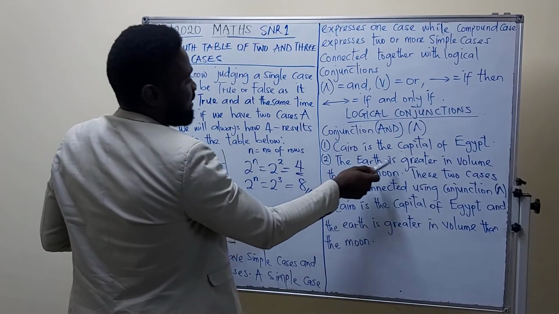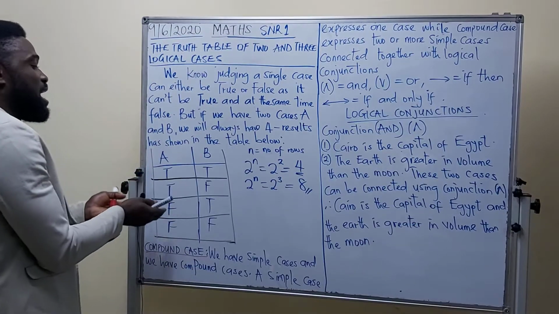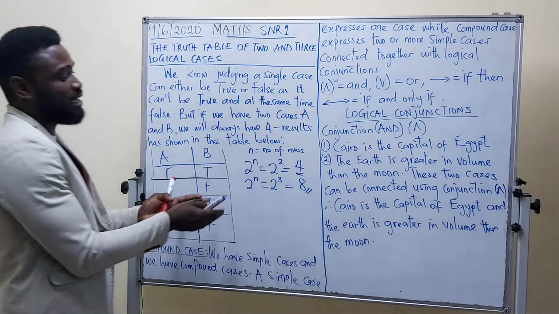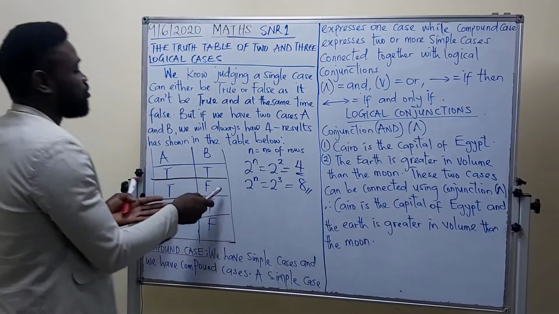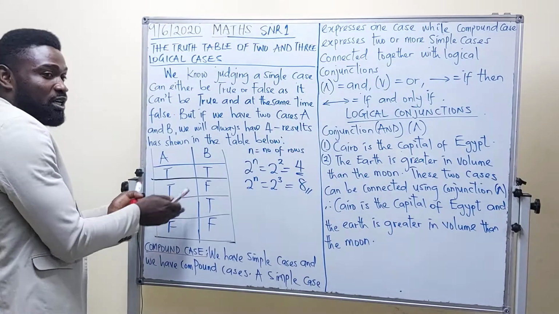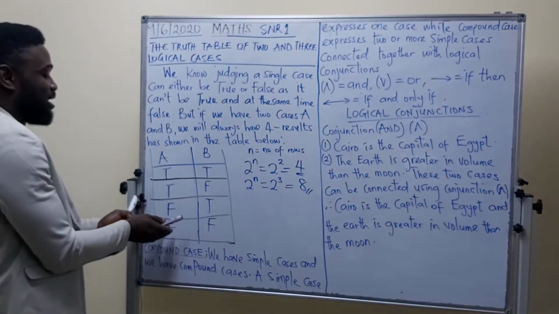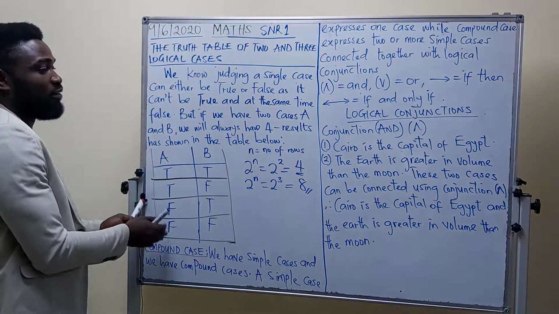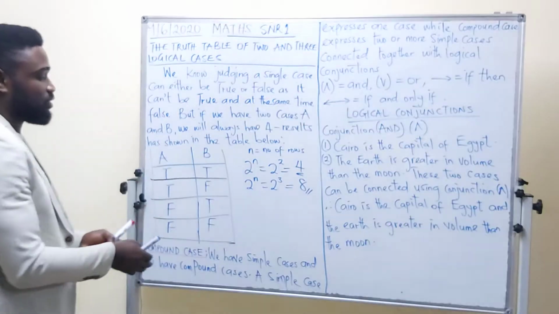In the other row, if the first case is true, the second case could be false, so we have true and false. What about if the first case is false, and the other one is true? And in the last row, both of these cases could be false.